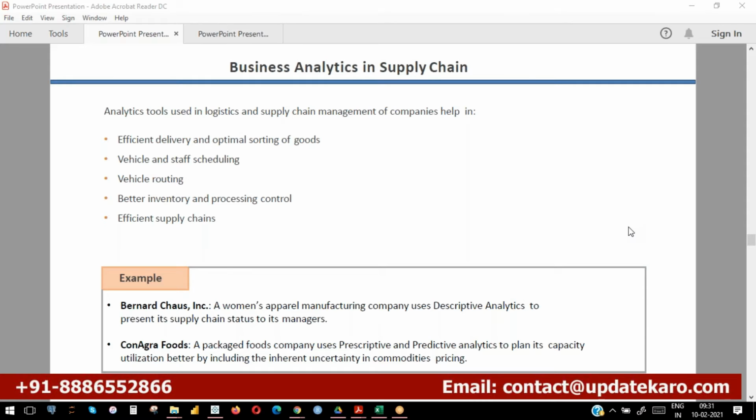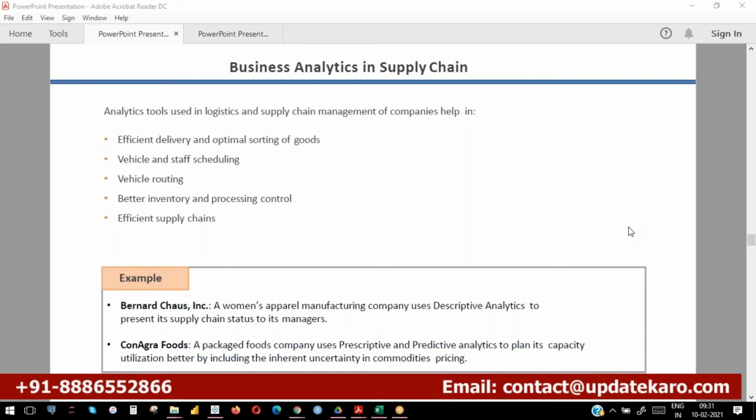Distribution, exactly, Sai Kumar. So you are ordering products on Amazon, and the logistics team delivers them. That is the supply chain: how they are going to supply and distribute the products.